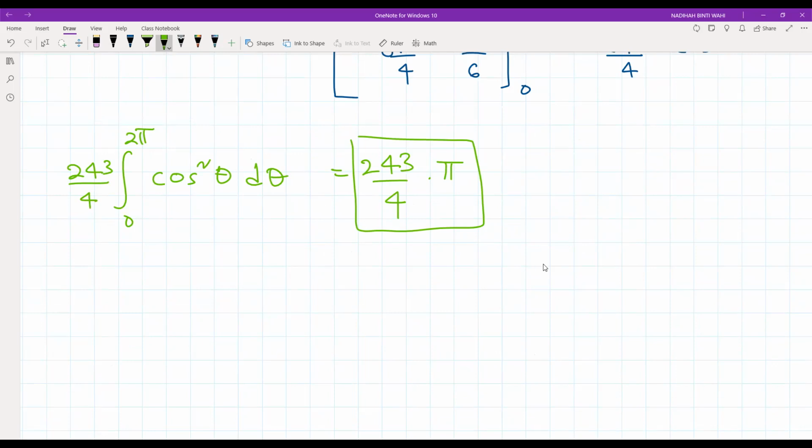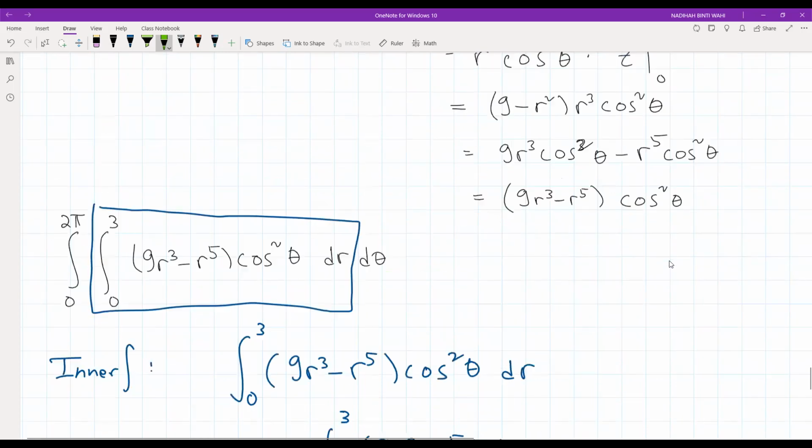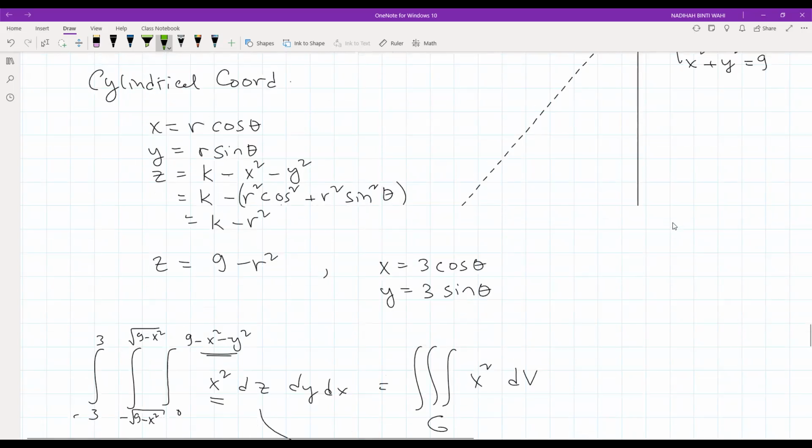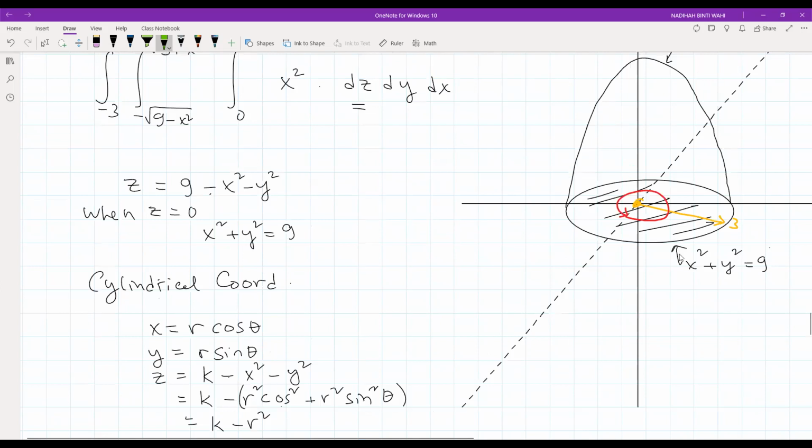So you can see that the difficult part for this is which v in terms of xyz you are going to use. But once you find it, find the space of projection, then it will be easy for you.